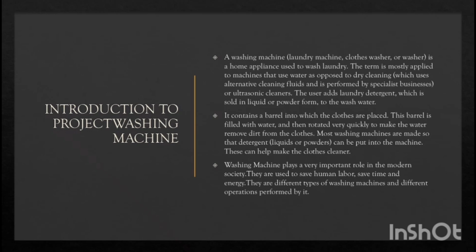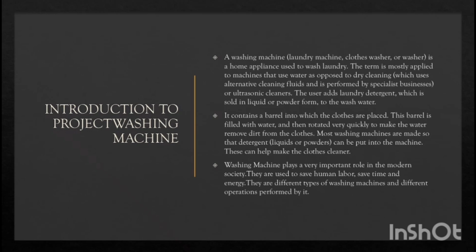Here we can talk about the project of the washing machine. A washing machine is a home appliance used to wash laundry. The term is mostly applied to machines that use water as opposed to dry cleaning, which uses alternative cleaning fluids and is performed by specialist businesses or ultrasonic cleaners.